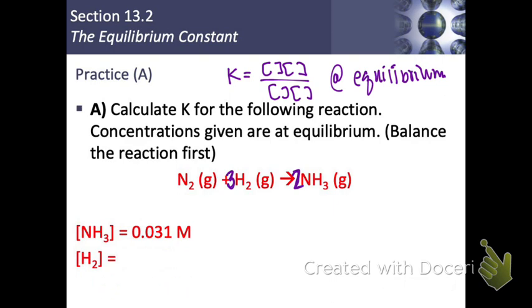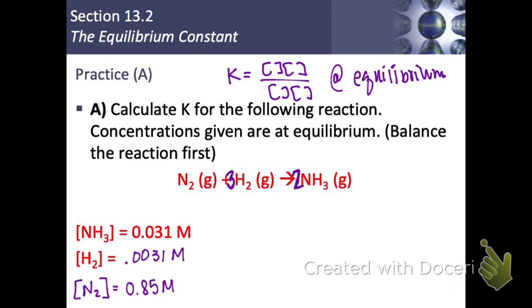Okay, so concentration of H2 should be 0.031 molar. Concentration of N2 should be 0.85 molar. Okay, sorry about that. I need to fix that on my slide.